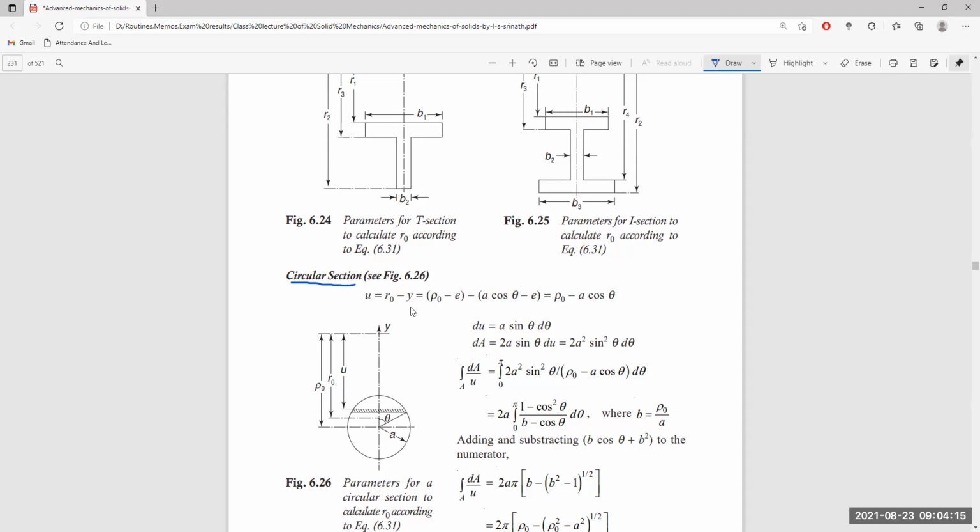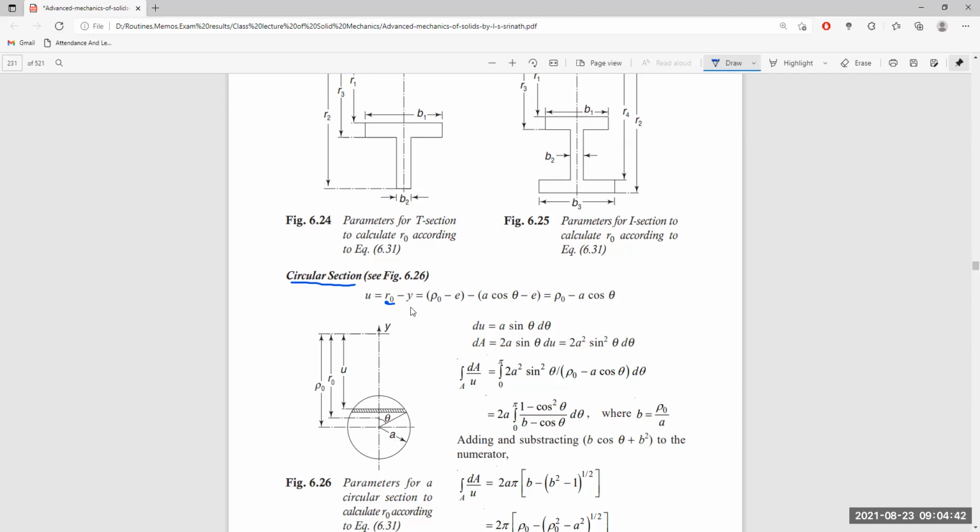So u defines the difference between the radius, the distance of the center of gyration to the central axis, minus the distance of our concerned strip from the neutral axis itself.